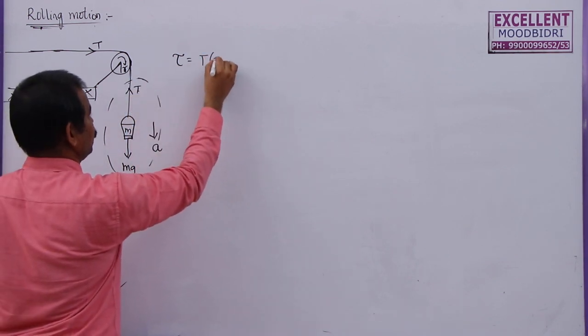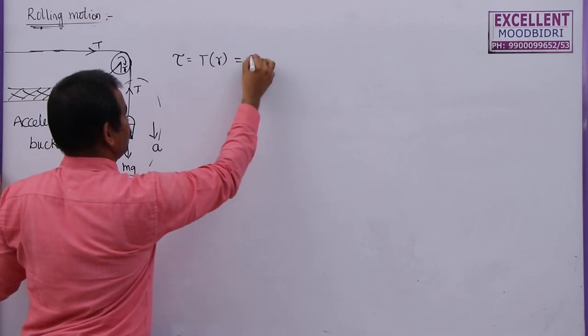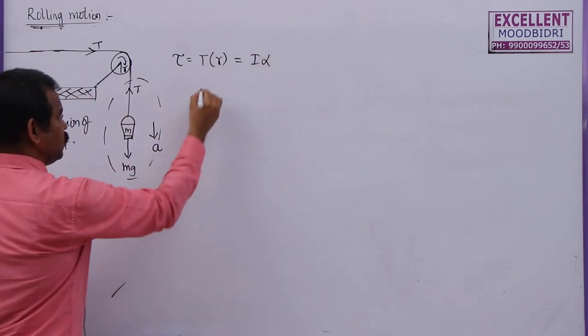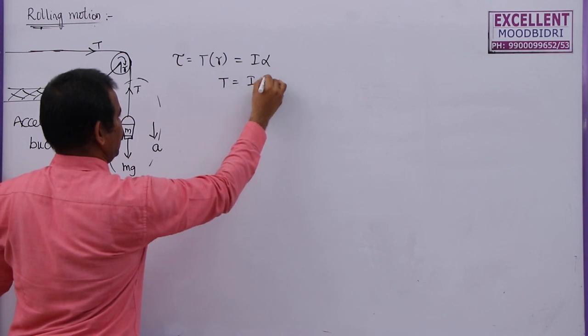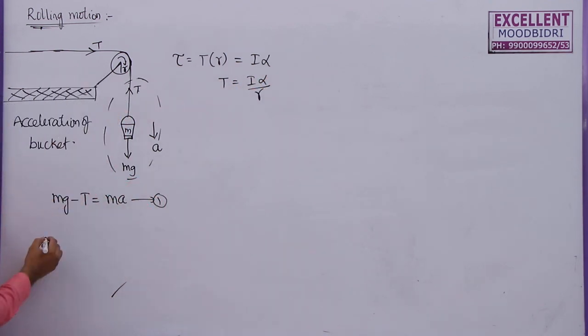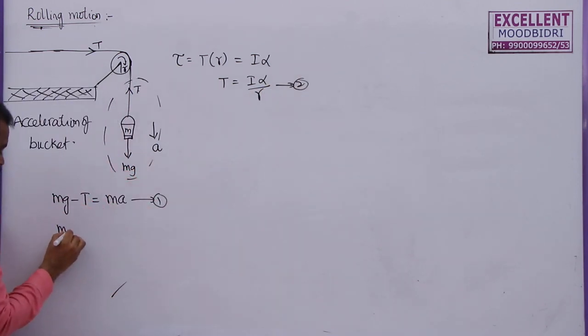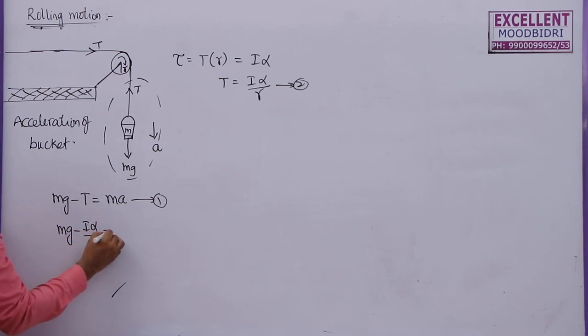That is nothing but torque divided by R. In general, we know torque tau is equal to I alpha. So the force is I alpha by R. I am going to substitute that torque equation, that is 2, in equation 1. So this will become mg minus I alpha by R is equal to ma.